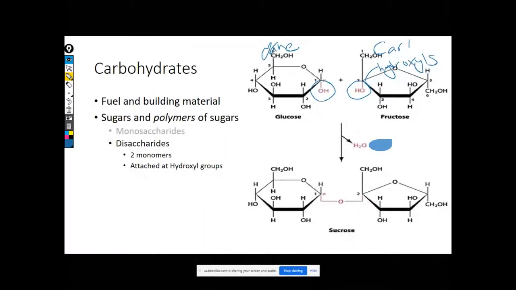And remember, we have to use hydroxyls if we're going to make our monosaccharides a disaccharide. Remember, mono means 1, di means 2. If I have 2 monosaccharides and I'm going to make a disaccharide, am I going to use hydrolysis or dehydration synthesis?